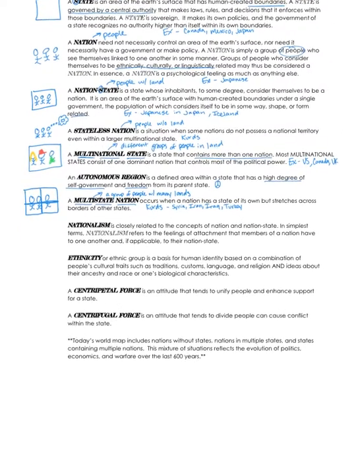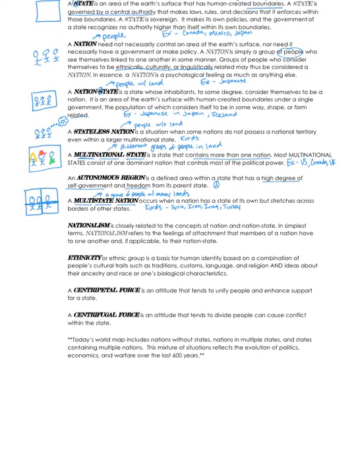Next thing we need to talk about is nationalism. You have most definitely heard of the term nationalism, right? It usually refers to the feelings of attachment that someone might feel towards a place, or probably more so towards a group of people.